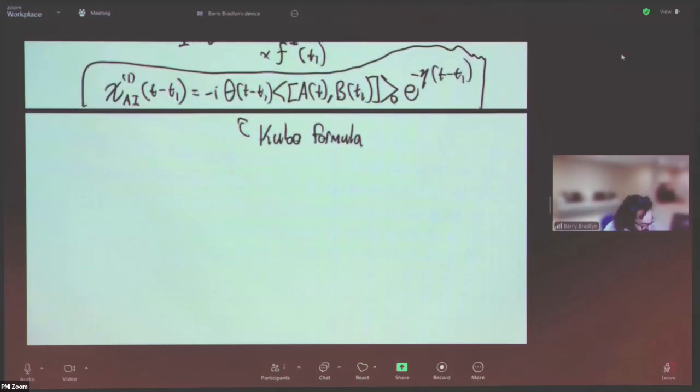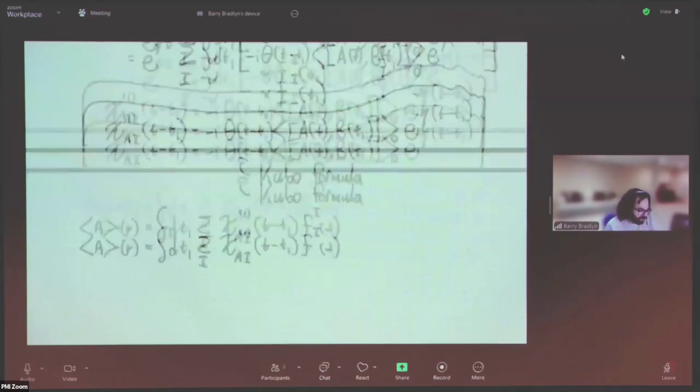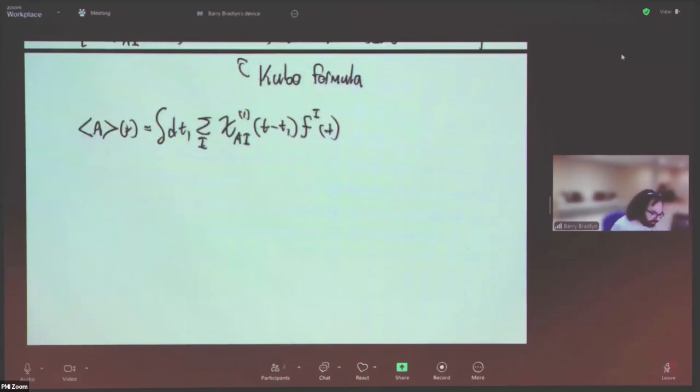We know from our definition that the average of A is given by the convolution of chi1 with our perturbation. And now I've taken the liberty of taking eta to 0 outside the integral so that you can forget about this term here.